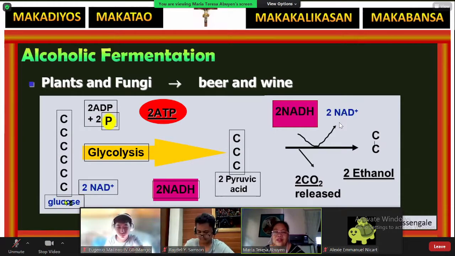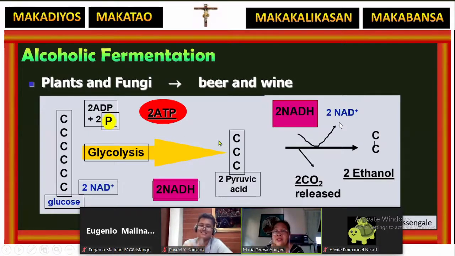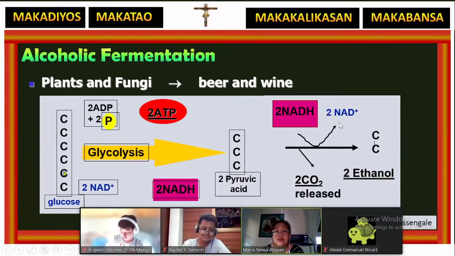Okay, it requires glucose. You'll notice that fresh tuba is sweet because there is sugar in it. Now in the absence of oxygen, that sugar will undergo fermentation to produce alcohol.